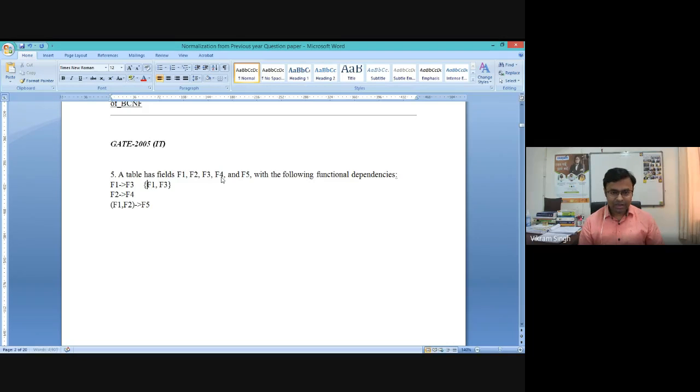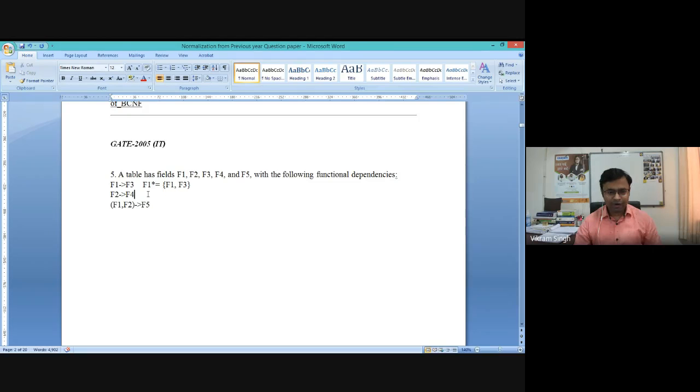This is something we refer to as a closure, right? So this indicates F1 closure. F1 closure means if you have F1, you can determine F1 and F3. So F1 is itself, and F3 is what we are deriving.